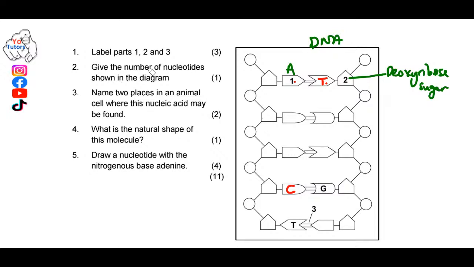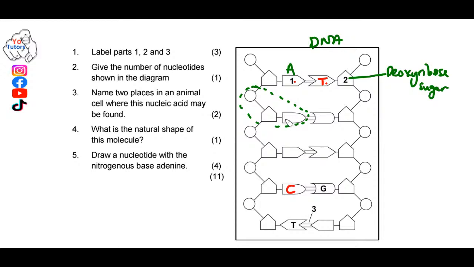Then give the number of nucleotides shown in the diagram. So number of nucleotides, as you can see here, this is a nucleotide. A nucleotide, remember, consists of a phosphate group, sugar, and nitrogenous base. So you must know that one nucleotide contains one nitrogenous base.